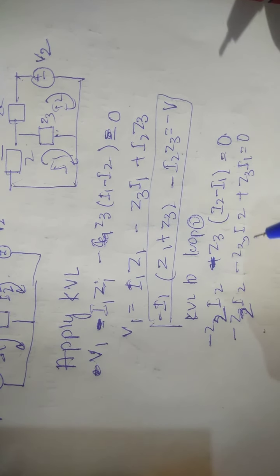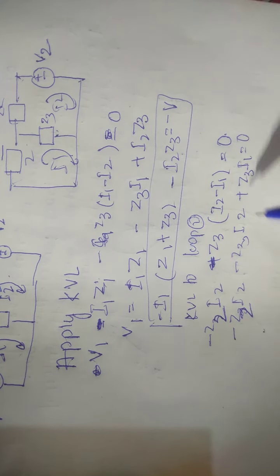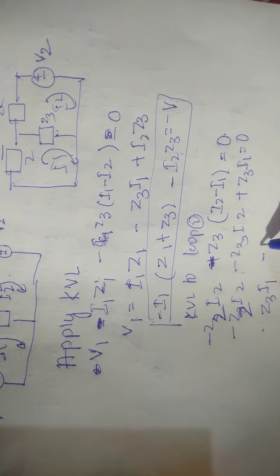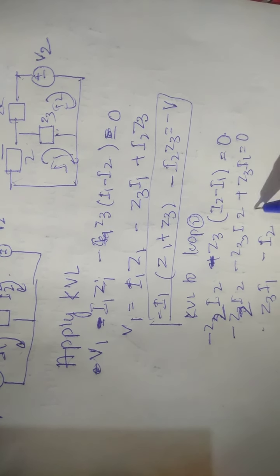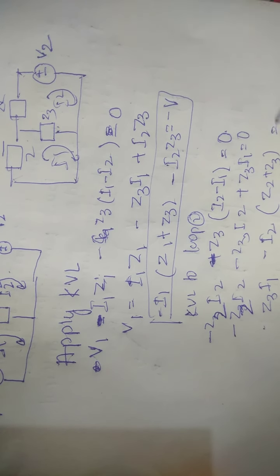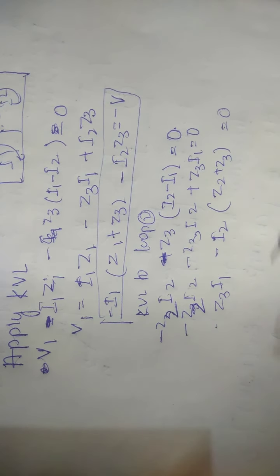Take a minus common. Correct? What we have got here is Z3 I1 minus I2 (Z2 plus Z3) equals 0.